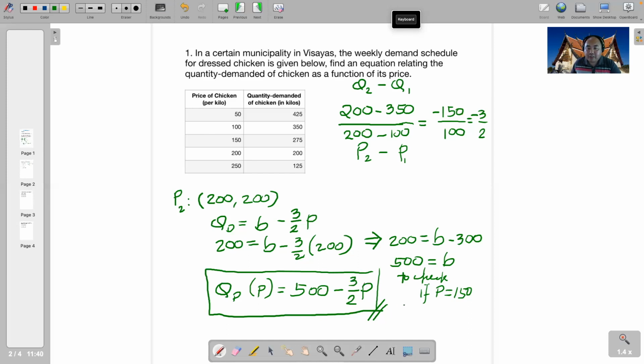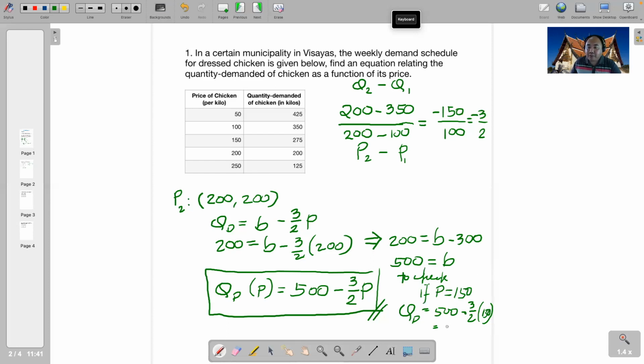So QD will be 500 minus 3/2 times 150. But that is 75 times 3, that's 225.